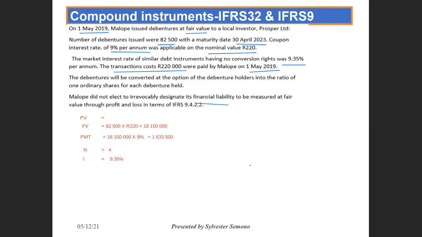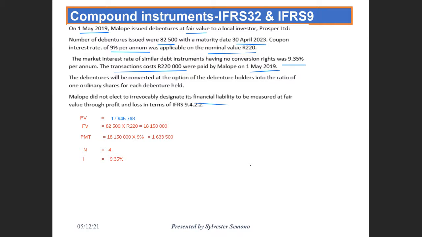Okay, so this is what I found as my present value, and this present value will represent my equity, my liability component. So let me just write it here for future reference. This one, I'll just say it represents my liability.